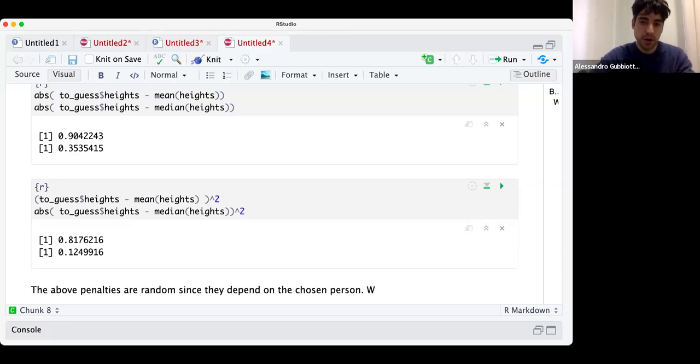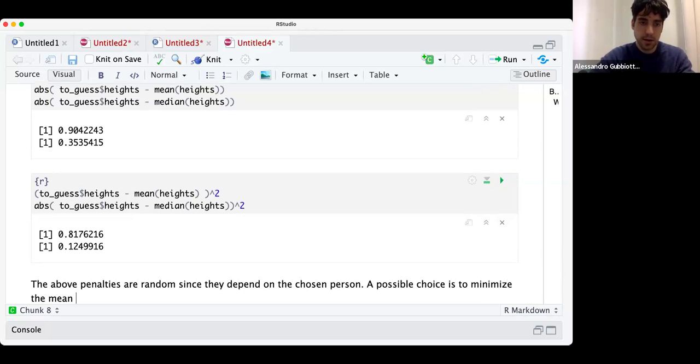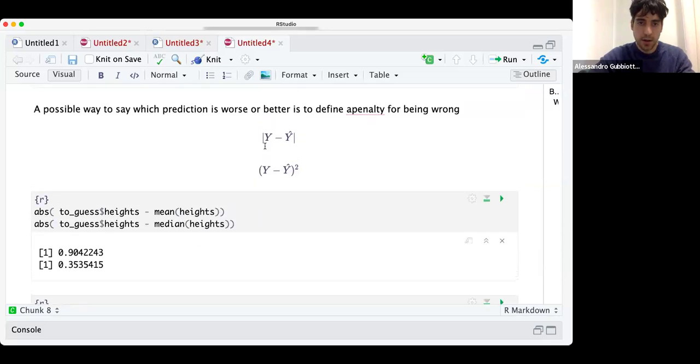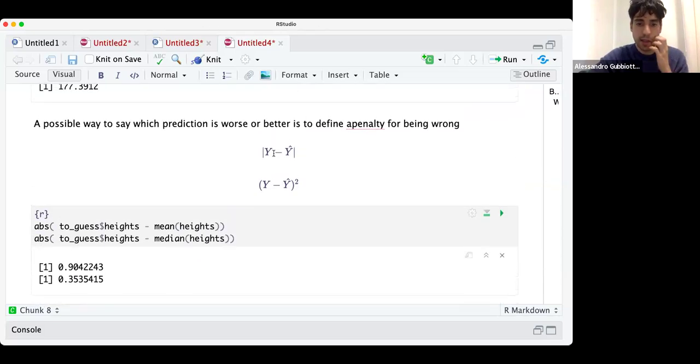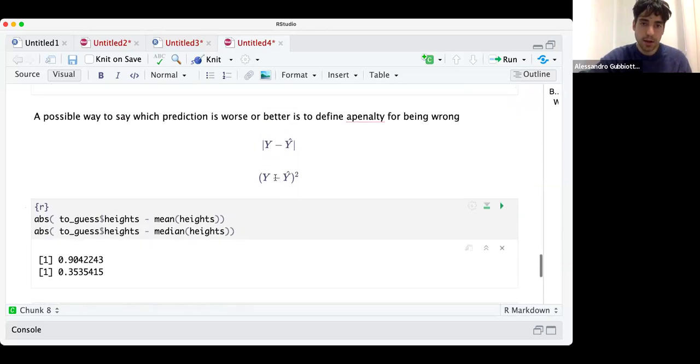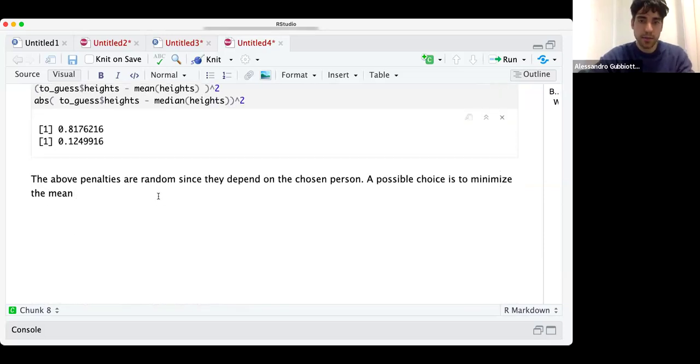A possible choice is to minimize. For instance, for each y the best prediction would be y itself, so this is not what I want.